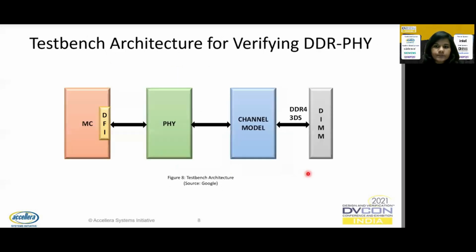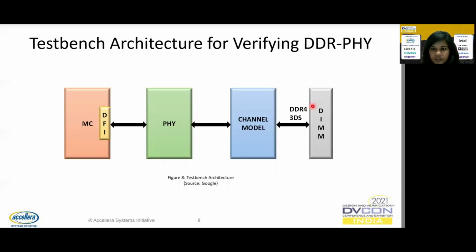in the verification. Here we can see the test bench architecture that was used for verifying the DDR5. The memory controller uses the DFI protocol to communicate with the design under test, that is our PHY. The PHY translates the DFI protocol to the memory protocol and transfers it to the channel model, which applies the disturbances and then transmits it to the DDR4-3DS memory.